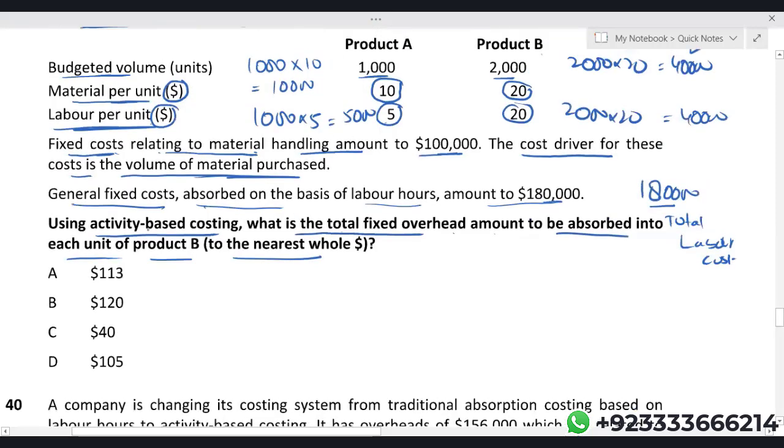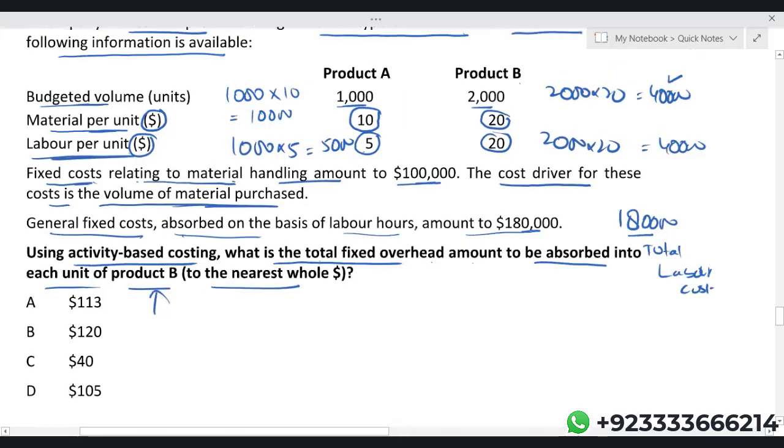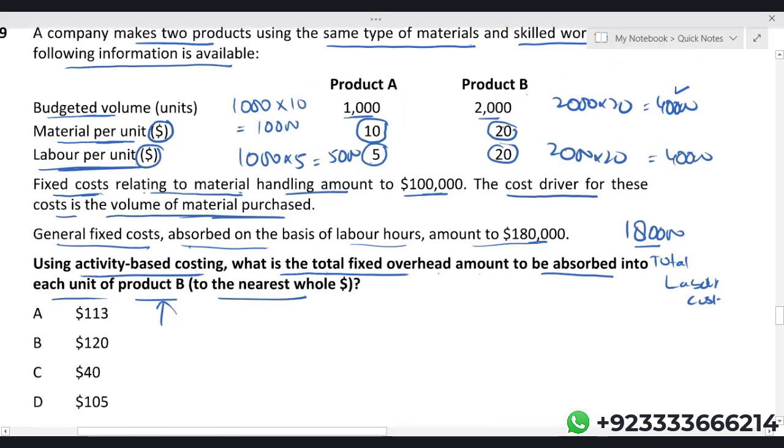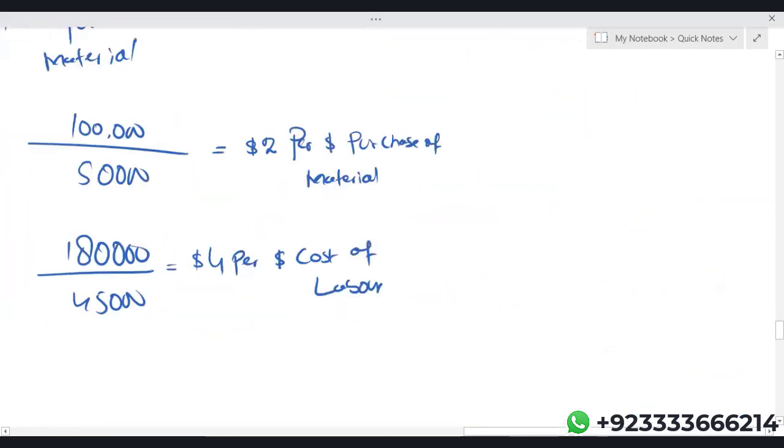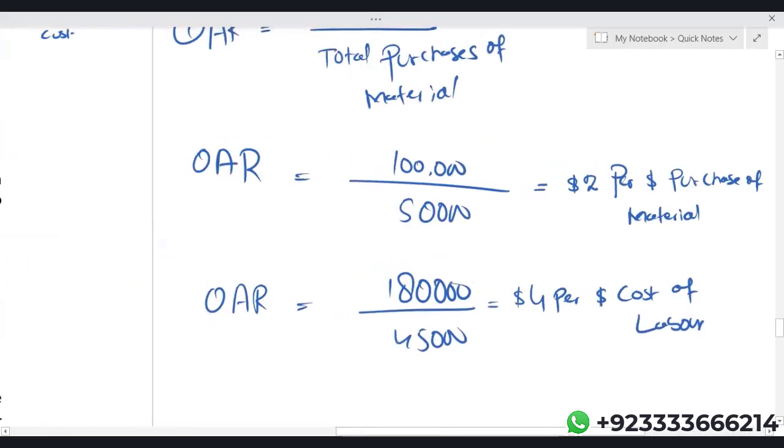What they're asking is: using ABC, what is the total fixed overhead amount to be absorbed into each unit of product B? Fine. For product B, material per unit is 20, and the material handling cost per dollar of purchased material is $2.